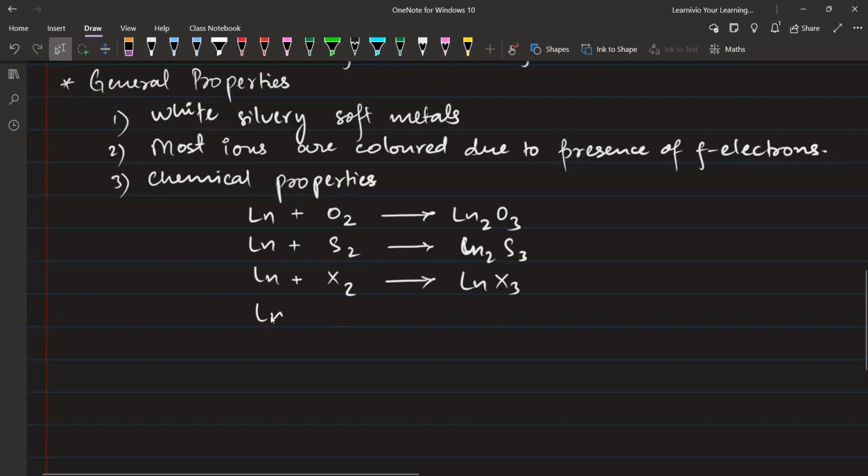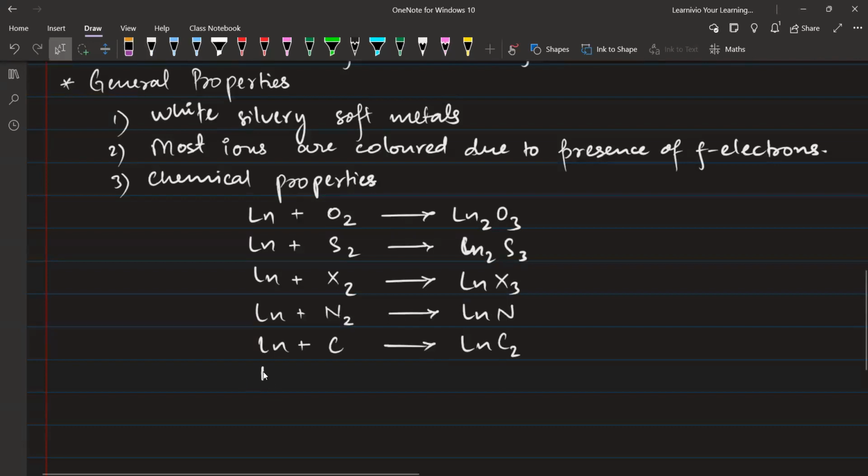Similarly, if I have Ln plus nitrogen, then it is going to give you Ln nitride, है ना? Lanthanum nitride. If I have Ln plus carbon, then it is going to give you LnC. Now in this case, it is showing the +4 oxidation state.